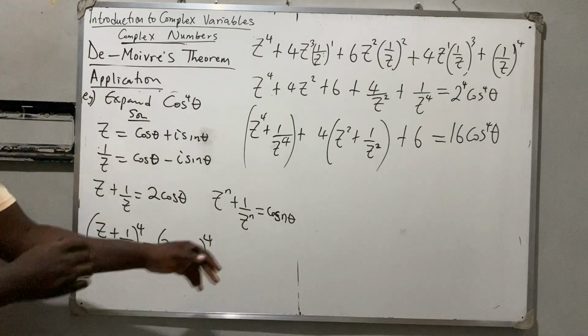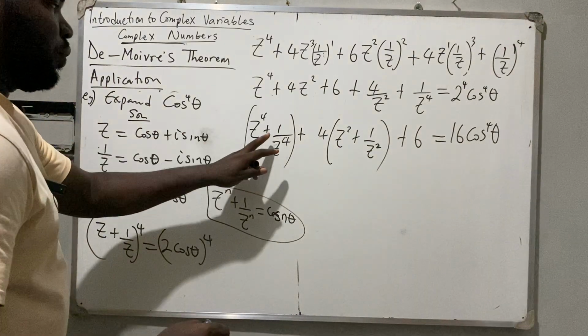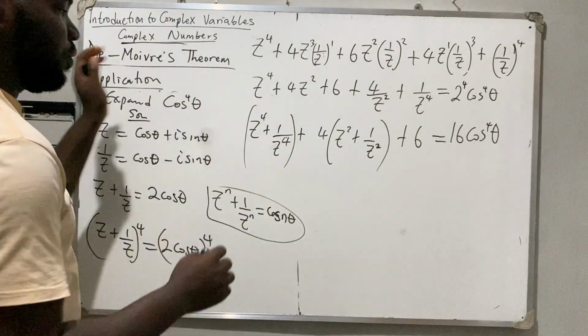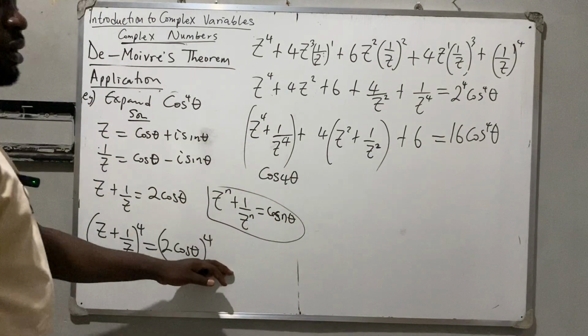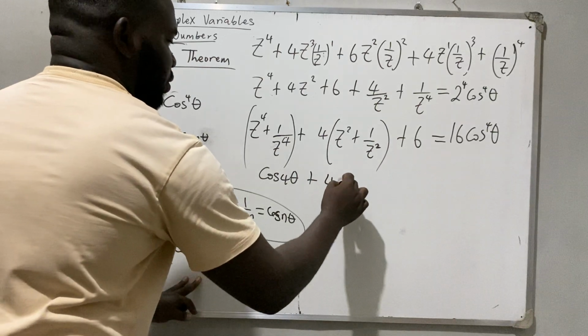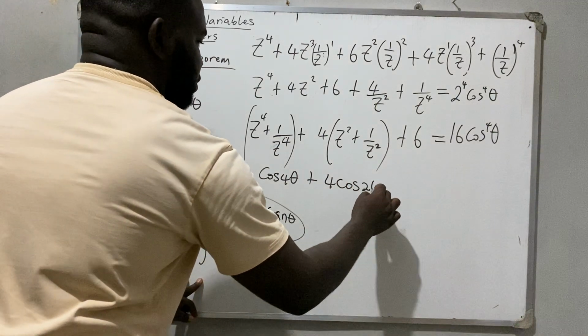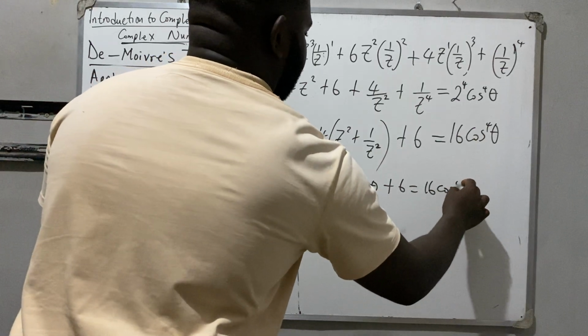Remember we proved this. Which means z raised to power 4 plus 1 over z raised to power 4 is saying what? Cos 4 theta. Then this one will now be 4 cos 2 theta. Plus 6 is equal to 16 cos to the power 4 theta.